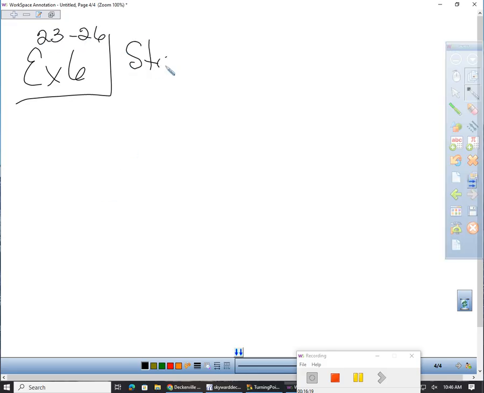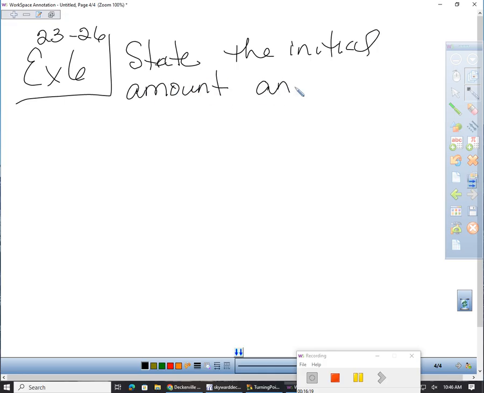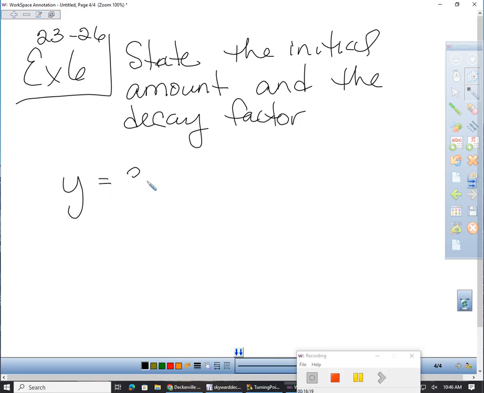State the initial amount and the decay factor. So if I have y equals 3 times 0.75 to the x, what is my a value? 3.